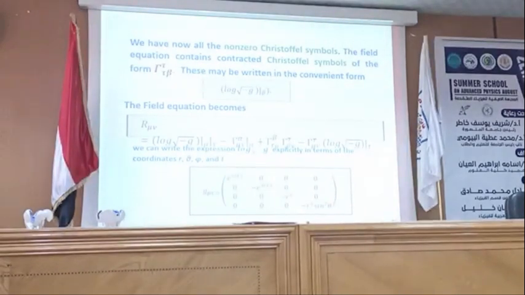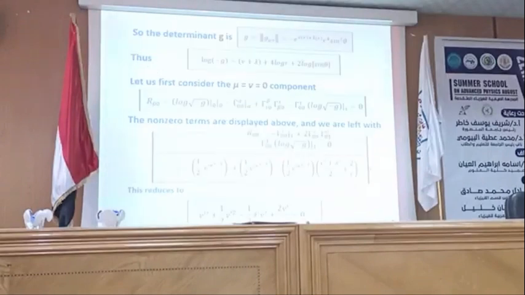Here I have tau, beta 0, etc. So in fact, if I want to find R0, 0, I put mu equal to 0, nu equal to 0 in this term. And this is what I did here. Okay. So in fact, this log is independent of x0. So this term is automatically 0. I am left only with this term.